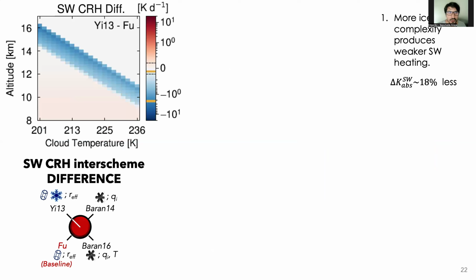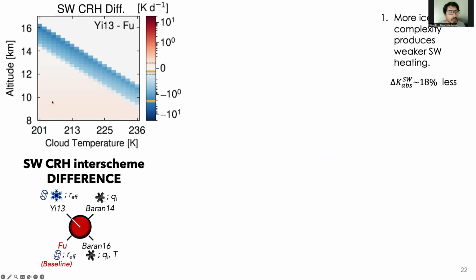And the interesting point now is, what happens if we change from the Fu scheme, those are the results that I already showed you, to another, more complex scheme? What happens if we include more complexity of ice crystals? All schemes will show you the same patterns that I showed you before, but there's some slight difference.